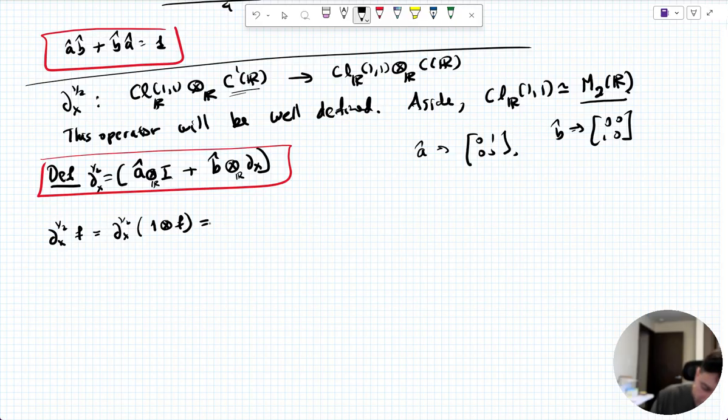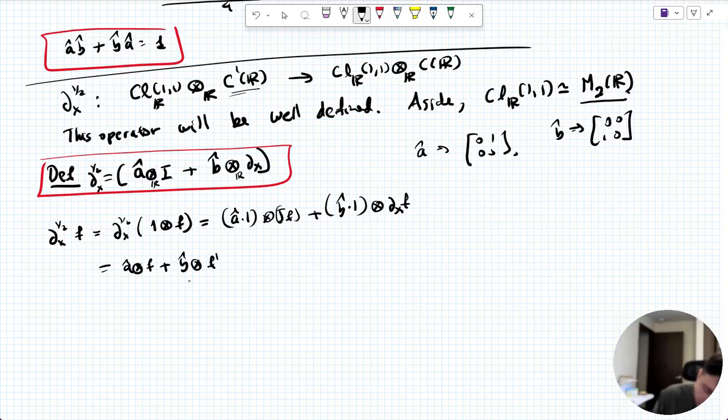So this is going to be equal to A hat times 1 tensor the identity acting on the function, plus B hat acting on 1 times 1, in the Clifford algebra, tensor the derivative of the function, from which we get A tensor f plus B tensor f prime. In matrix notation, this is equal to f of x, f prime of x, basically.